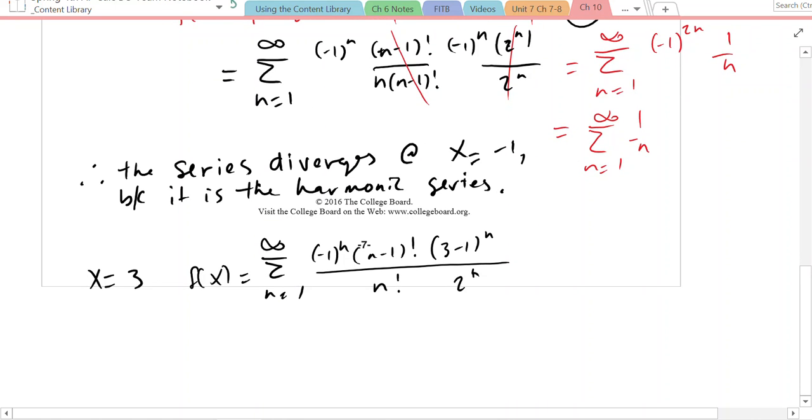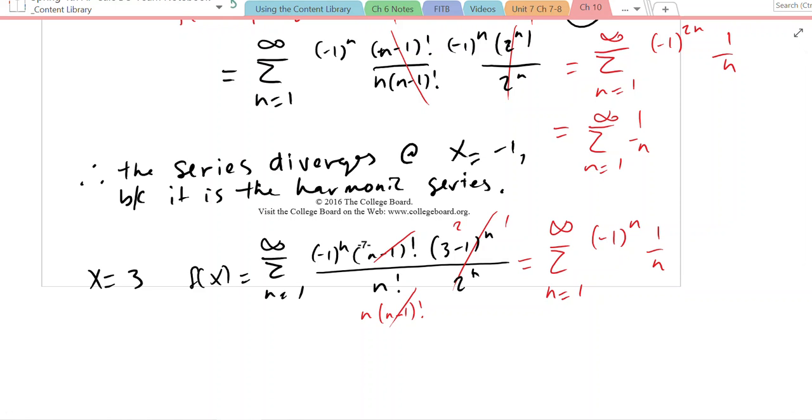It's going to simplify the same way. This is just 2, so that goes to 1. This is going to be written as n times n minus 1 factorial, which means those cancel out. And then we end up with the summation of n equals 1 to infinity of negative 1 to the n times 1 over n, which is the alternating harmonic series. So we know that it converges there.